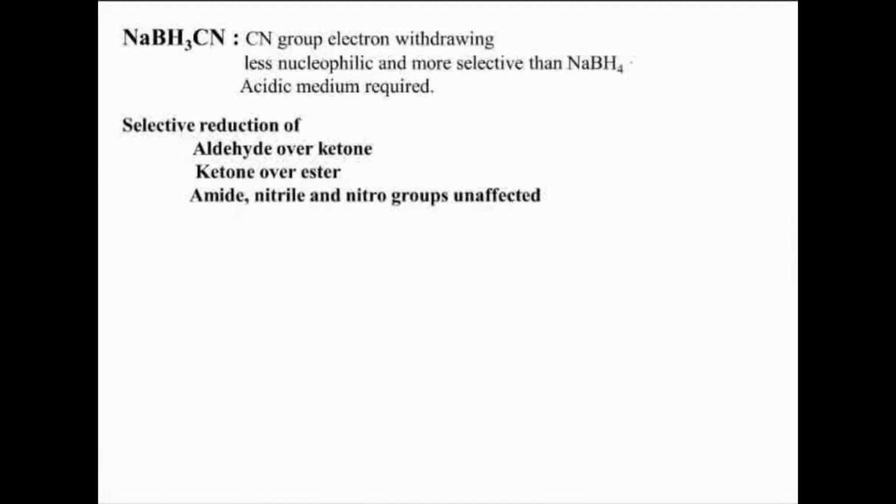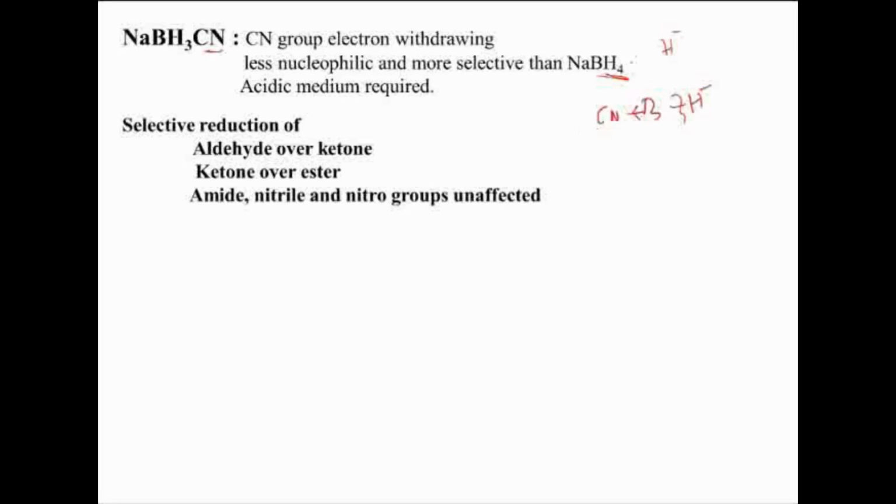All right, so for sodium borohydride to act as a reducing agent, it has to donate a hydride ion. That means the hydride has to cleave from this boron hydrogen and be donated outside. All right, so if you introduce an electron withdrawing group, if we introduce a cyanide group here, it will withdraw electrons from boron.